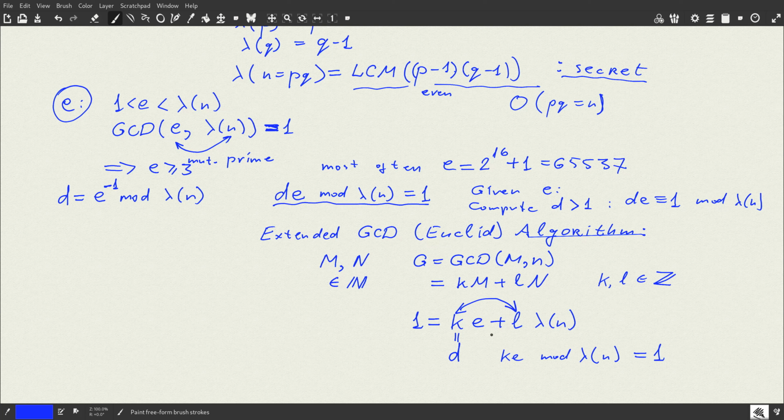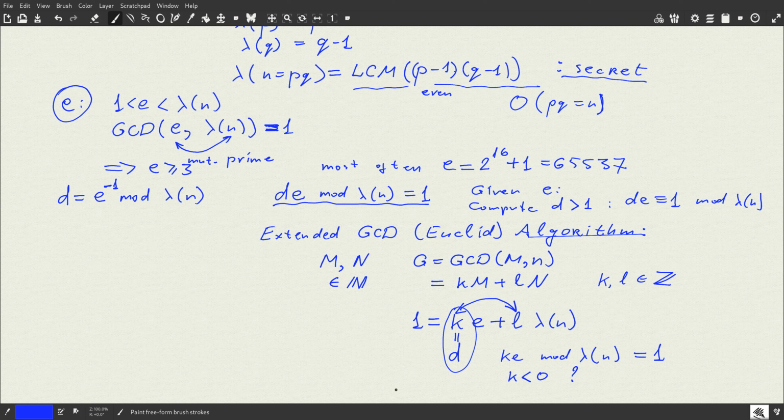If it happened, for example, that from the extended Euclid algorithm we got k negative, what do we do? I want my k or my d, which is the same here, which is the inverse of e, to be positive. So what do I do if it is negative? We can take it modulo lambda of n.